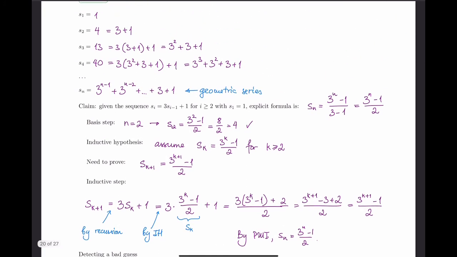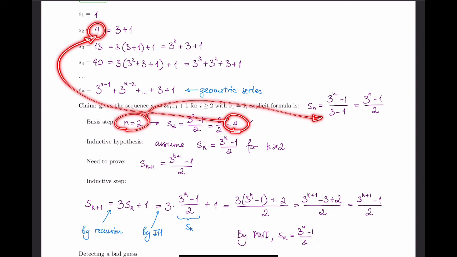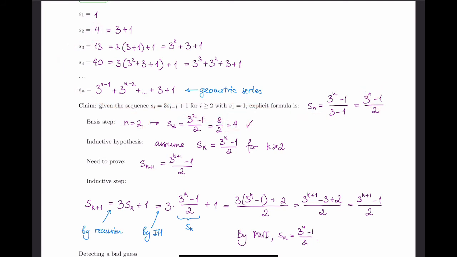So for example, in here, if I plugged in n equals 2 to the formula and instead of 4 got like a 5, then I would notice that this number doesn't match the number I get from my recursion, and I would know right away that my formula must be wrong. The incorrect basis step is the easiest way to detect a bad guess, because it's the first thing that you should be doing. So if it fails, you simply don't even move on.